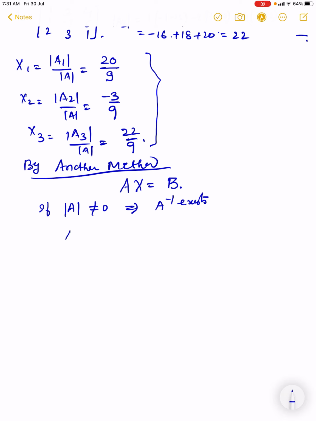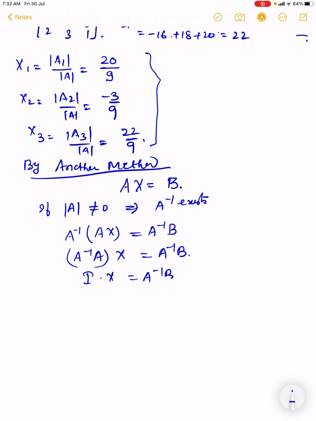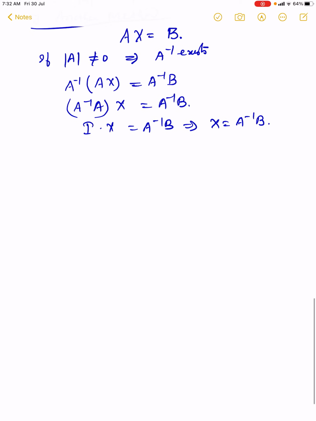So what we can do here is multiply by A inverse on the left side. By the associative law, this can be written as A inverse A into X equal to A inverse B. A inverse A equal to I, so I into X equal to A inverse B. So X equal to A inverse B. This is another method; we can find the solution of the variables.